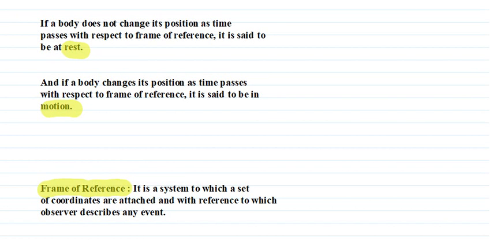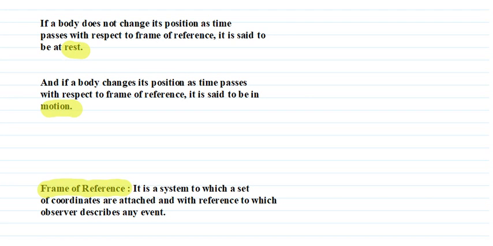If it does not change its position with respect to a reference point over a time period, that object is said to be in a state of rest.